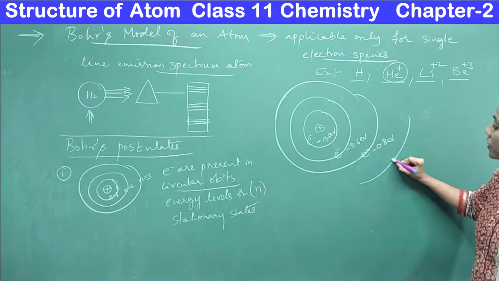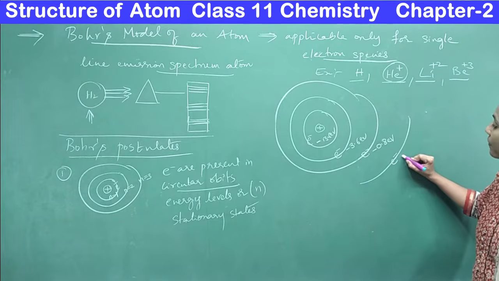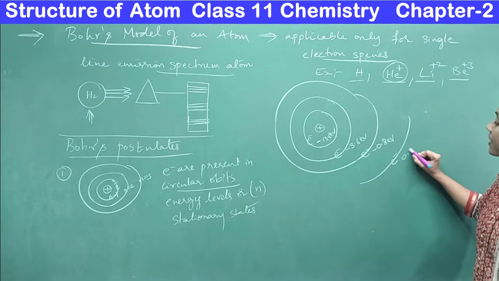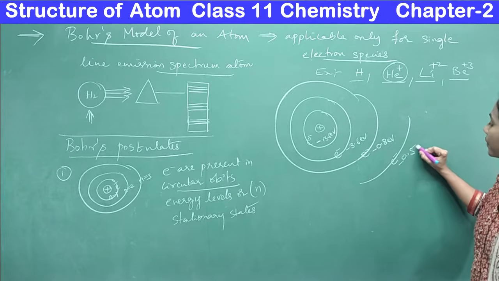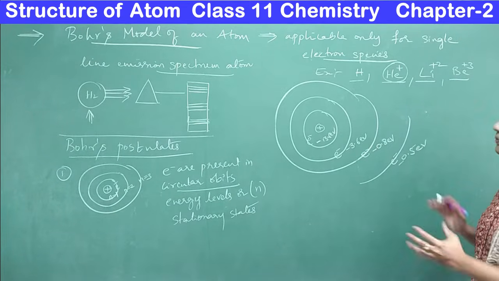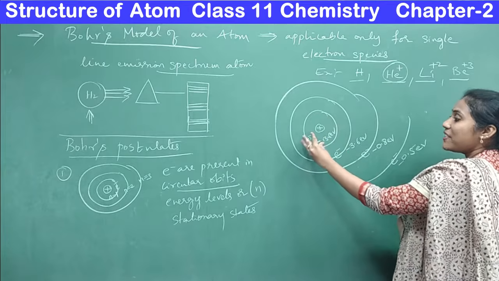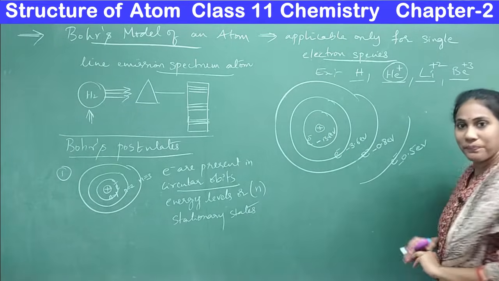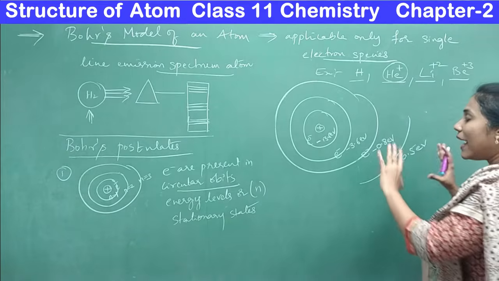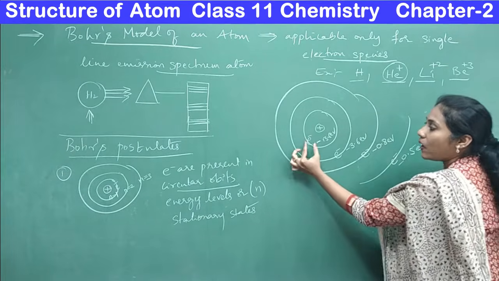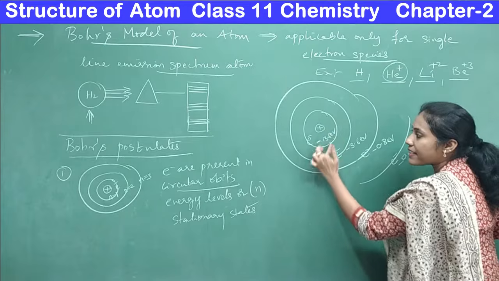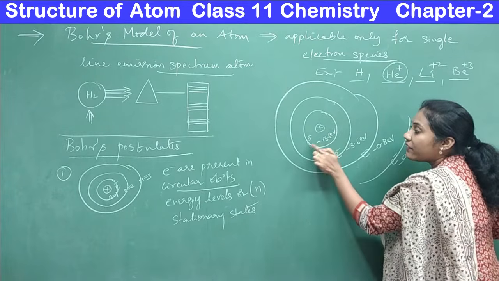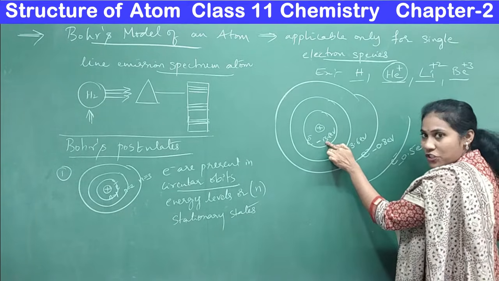The electron present in the fourth shell will have an energy of around minus 0.5 electron volt. You see here, the energy of an electron in a particular shell is fixed. Say you can't find any other value. As long as this electron revolves in this energy level, it will have this much energy.